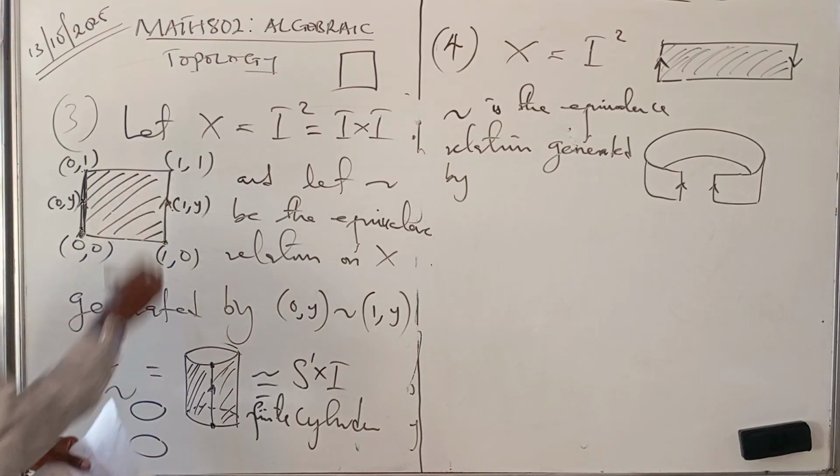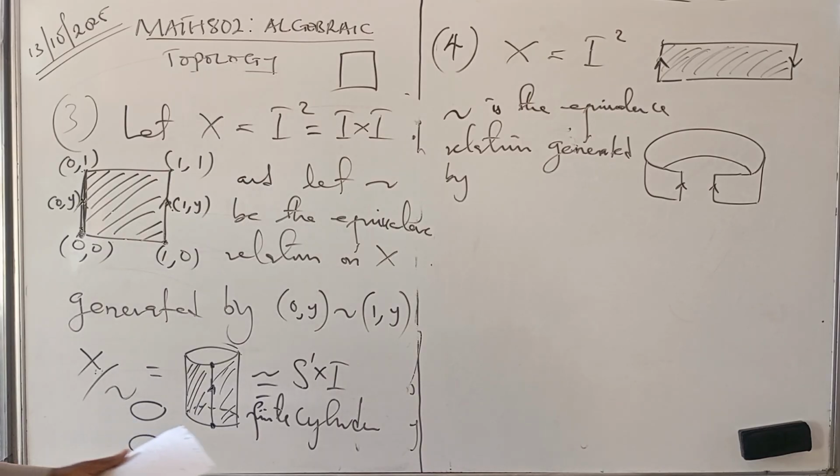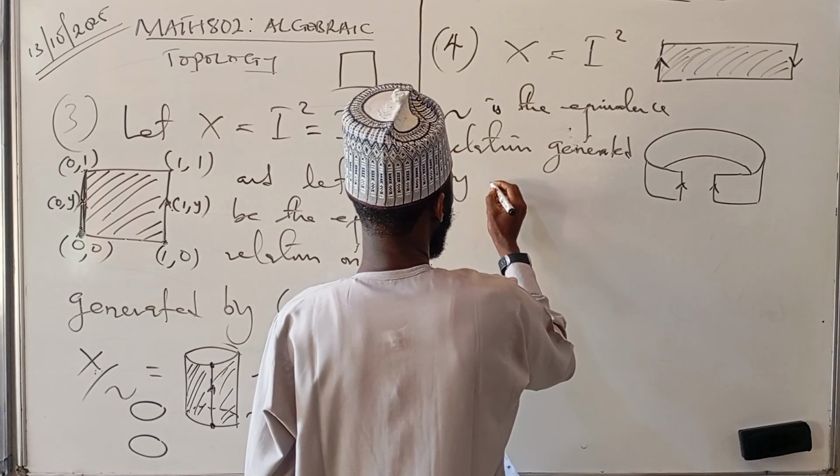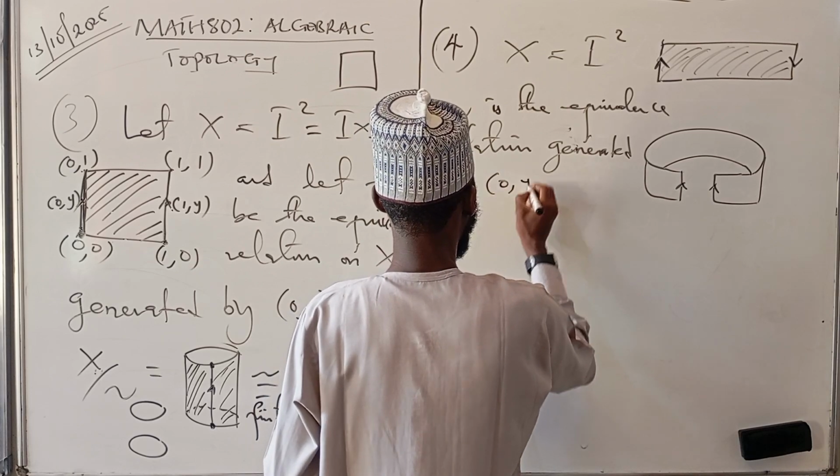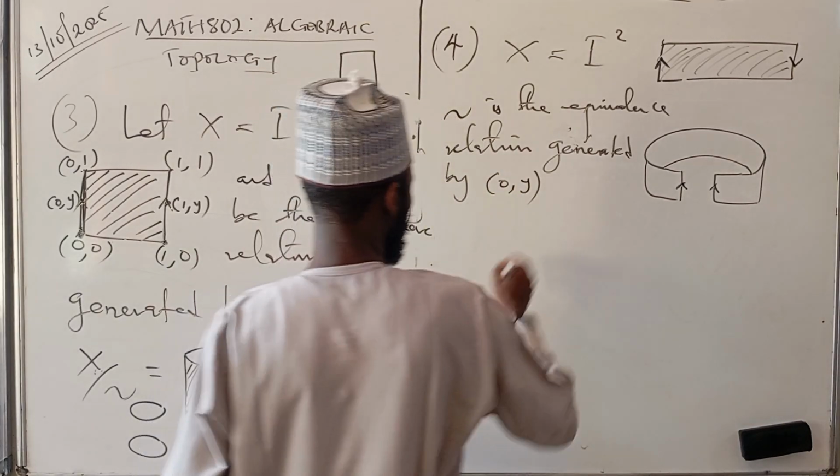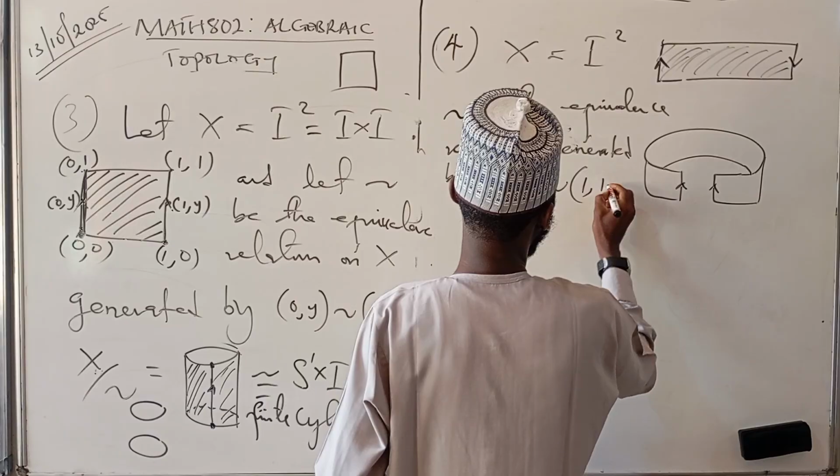So (0, 1) is (1, 1). And if you do that, you get (0, y) to be identified with (1, 1 minus y).